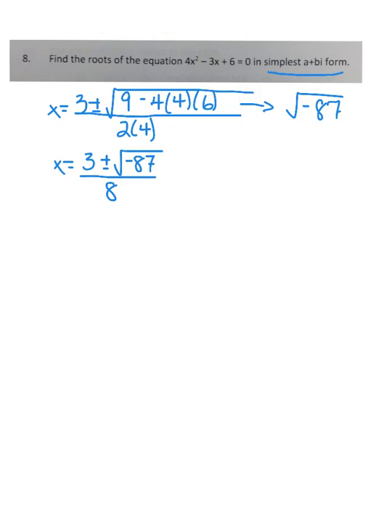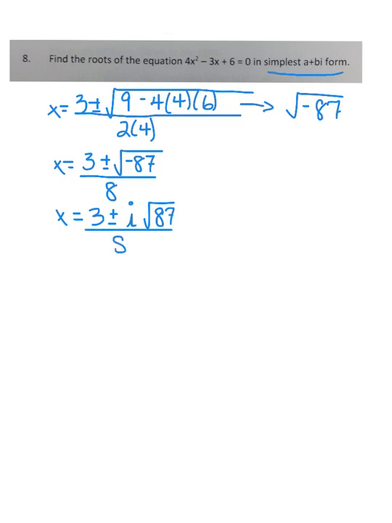Okay, now just remember, you can't have a radical that has a negative underneath it. That's imaginary, right? And if you put 87 divided by x in your calculator, you'll see that you don't have any perfect squares. So all we're going to do then is, we always want that negative out from underneath that radical. So we're going to write i radical 87.